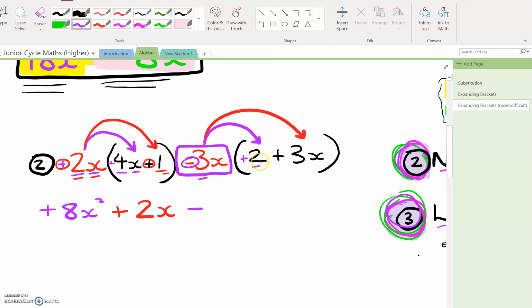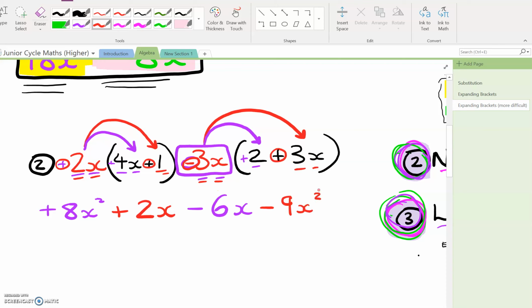Now number by number, 3 by 2 is 6. And letter by letter, x by nothing else is just x. Next one, last one. Sign by sign, minus by a plus is a minus. Number by number, 9. Letter by letter, x by x is x squared.